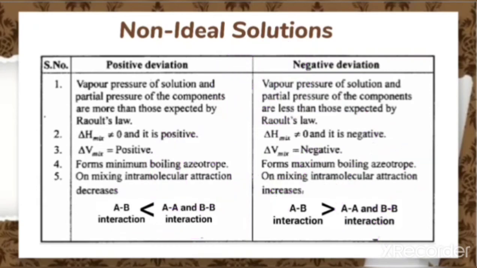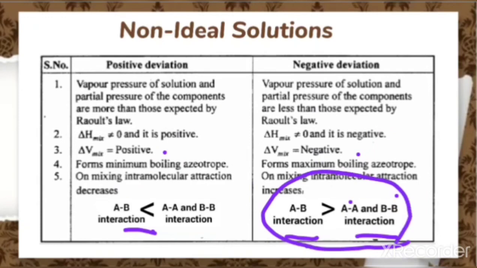But in the case of negative deviation, the AB interaction is greater compared to the AA and BB interaction. So here the volume is positive, and here it is negative. That is actually due to this reason only.